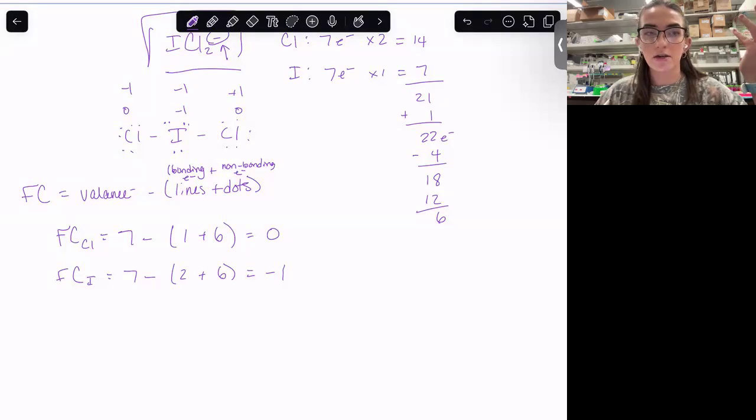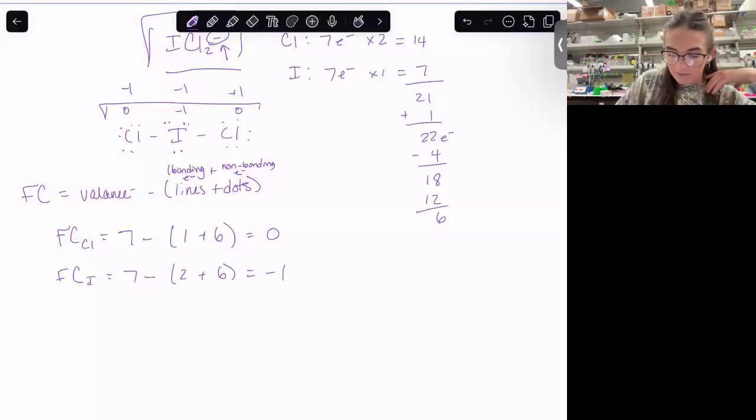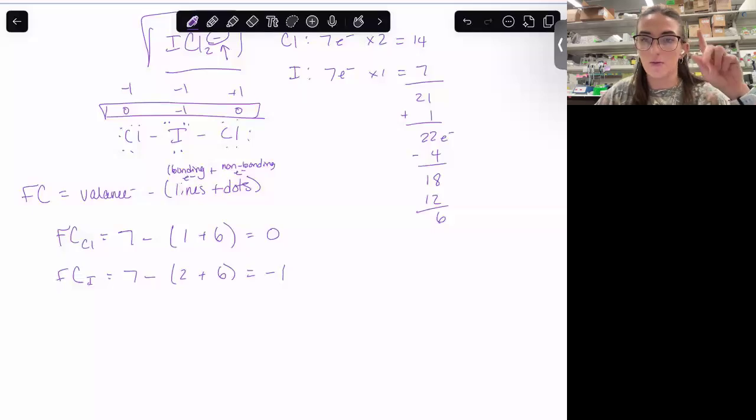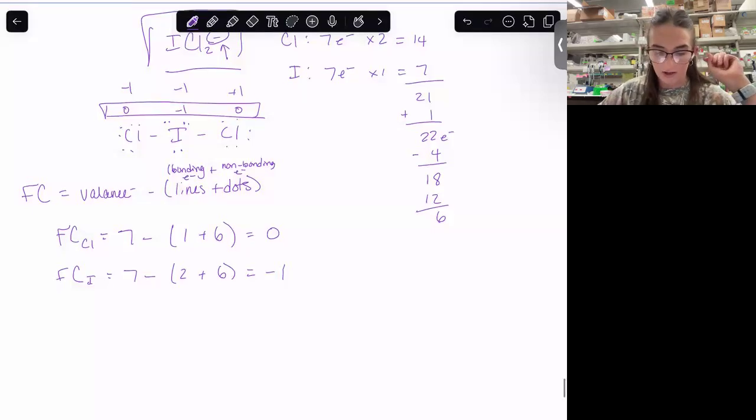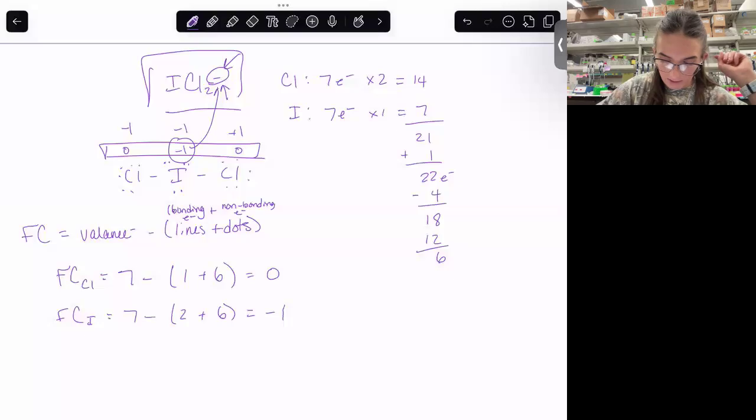Even though it adds up to -1, we want to minimize formal charge as much as possible. And as much as possible is the key term here, because we want 2 atoms to have 0 and 1 to have -1, giving us the charge that matches our initial compound. Does that make sense, Seth?